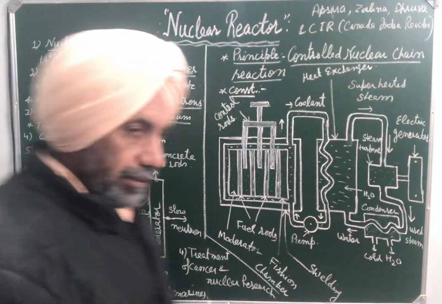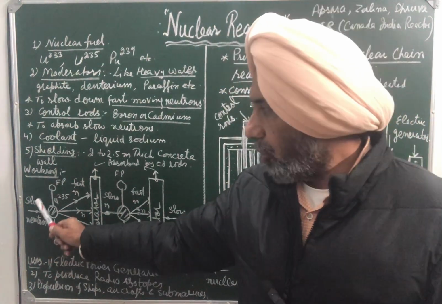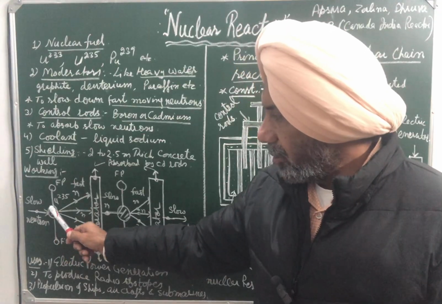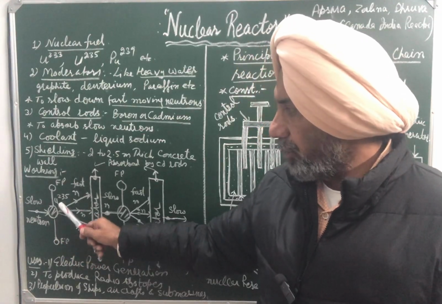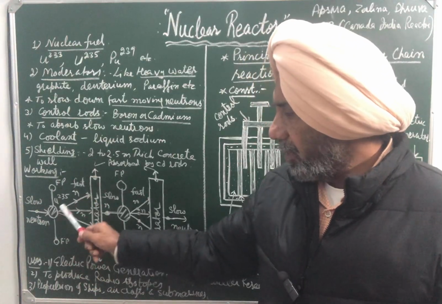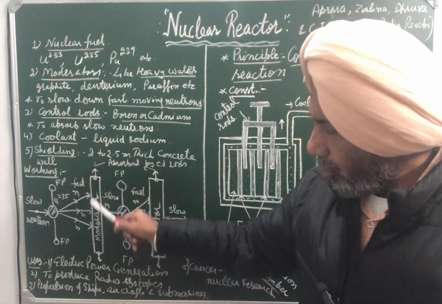Let me explain again what happens. Neutrons are slowed down by the moderators. A slow neutron strikes uranium-235, and fission products like barium and krypton are produced. 3 neutrons are produced, which are fast moving, and these are again slowed down by the moderator.